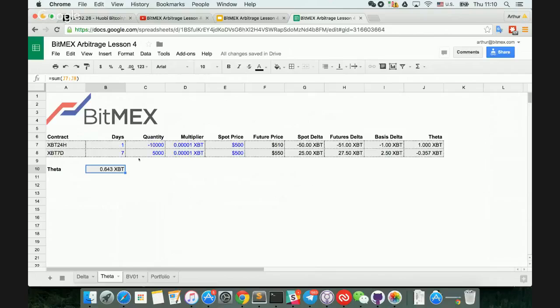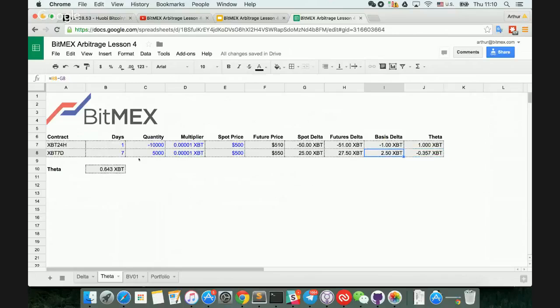Why are you earning money every day? That's because you sold a futures contract in greater quantity above the spot price, and you have fewer days to expiry, so you're going to earn that whole difference in a short period of time. Whereas with the 7-day futures contract, you're paying this $50 premium, but you're paying it over 7 days. So the day-to-day loss is less than what you're earning from the first day.